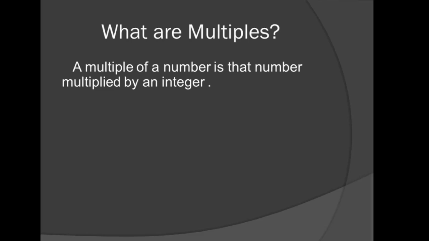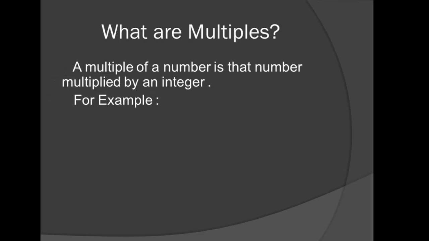If there is any number and you want to work out its multiples, you can simply multiply that number by an integer, and then you will get the multiples of the given number.